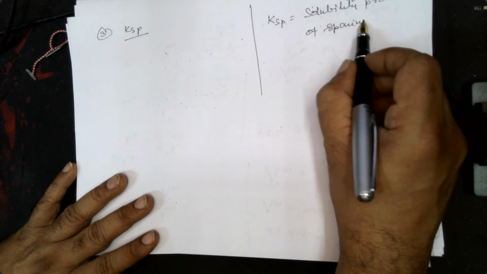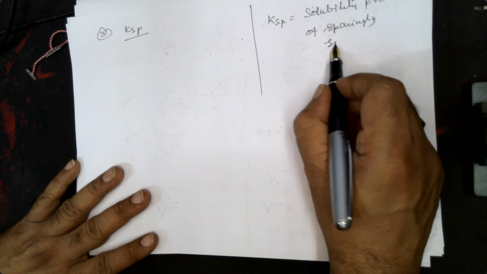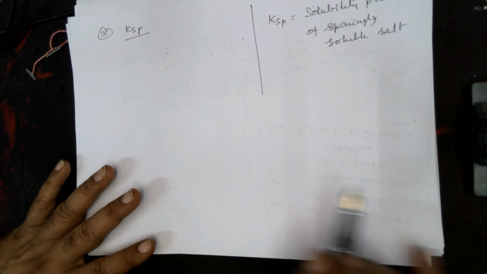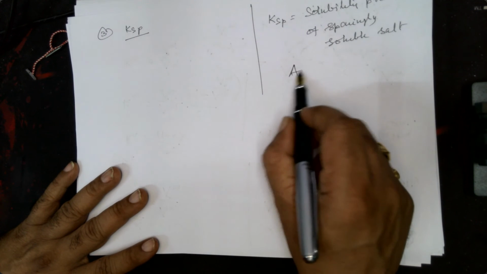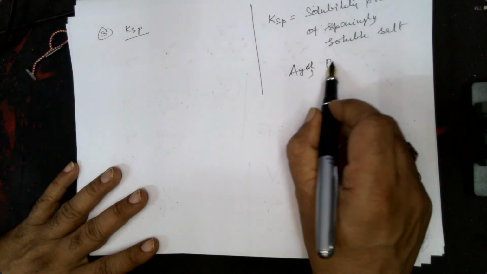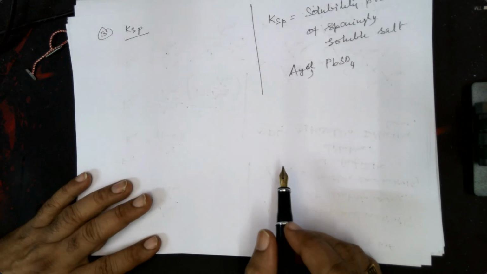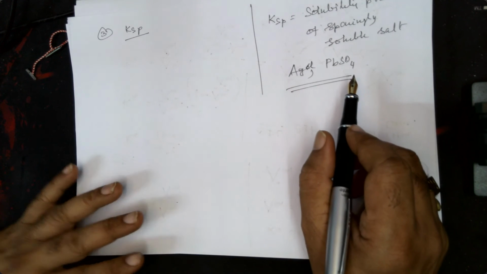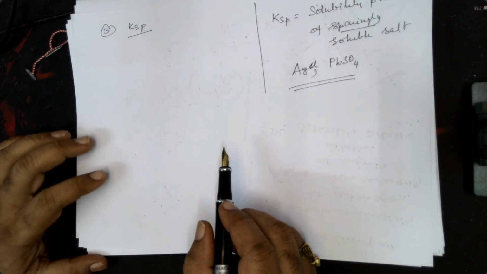What do you mean by sparingly soluble salt? It is not completely soluble, like silver chloride, barium sulfate, etc. Let me consider AgCl, PbSO4, lead sulfate, barium sulfate. These all form some precipitates, so they won't be completely soluble. So they are sparingly soluble, partly soluble.